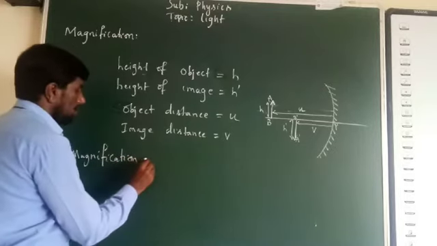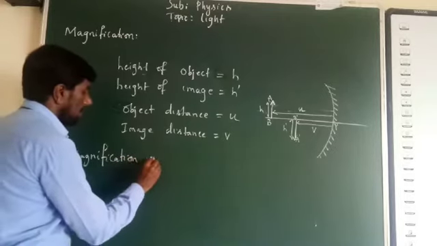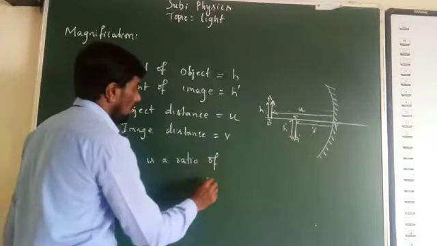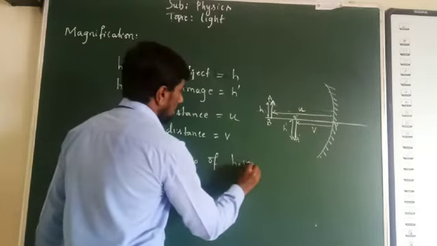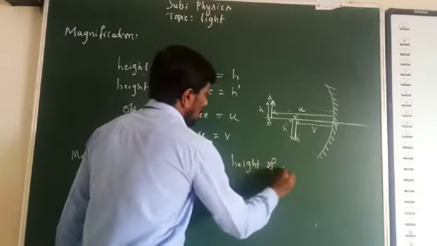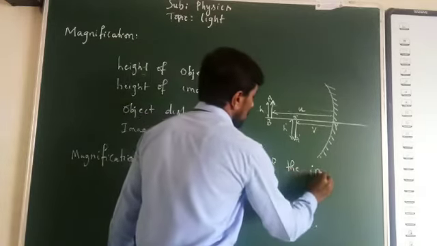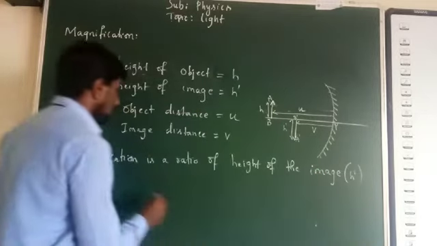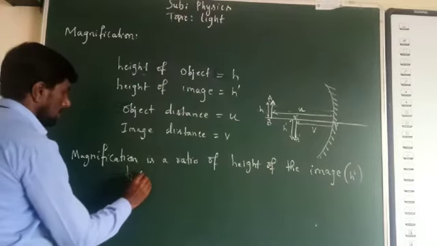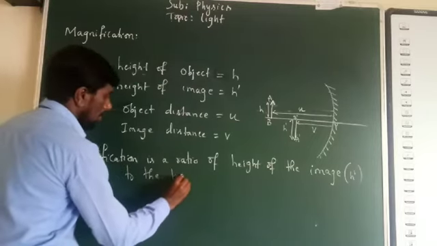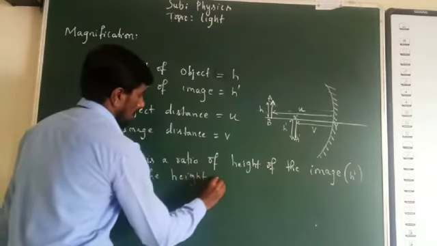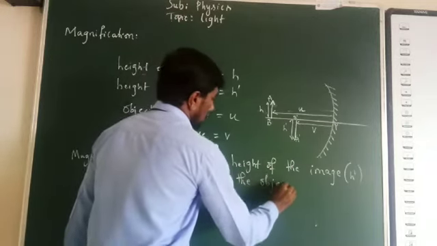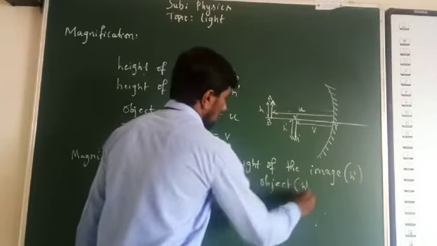Magnification is the ratio of the height of the image, which we have taken as h dash, to the height of the object, which we have taken as h.